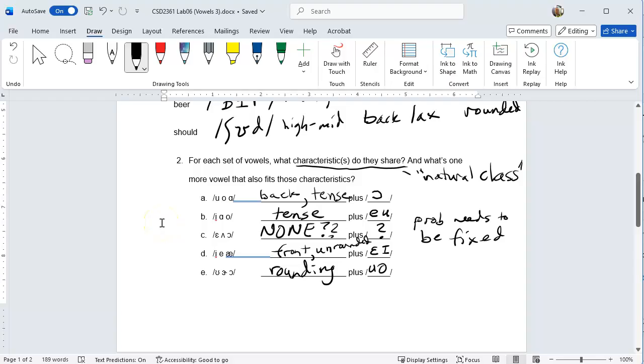Those characteristics are potentially relevant to understanding sound patterns in English and in other languages as well.